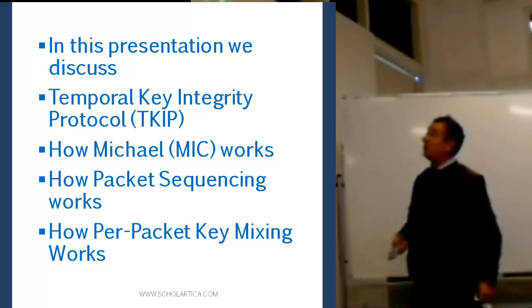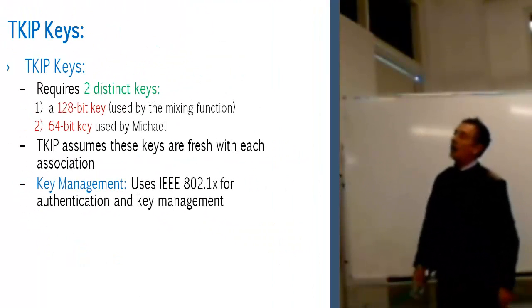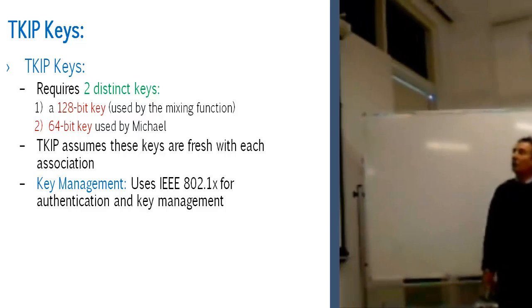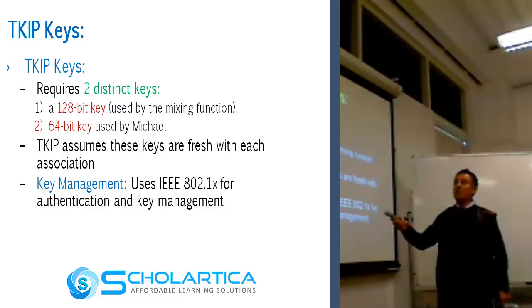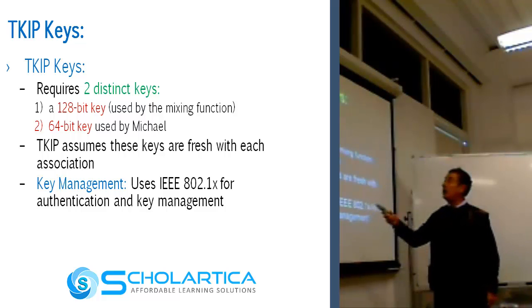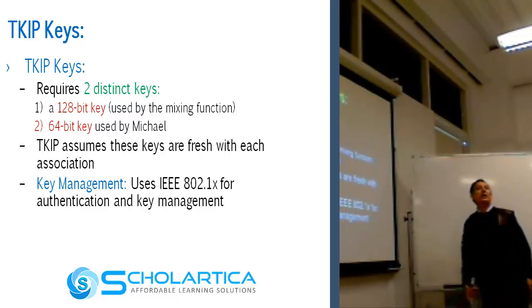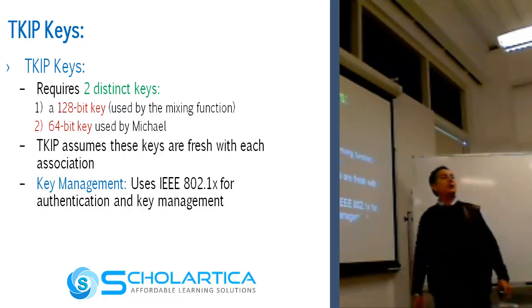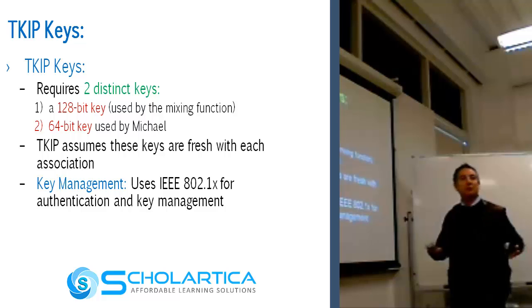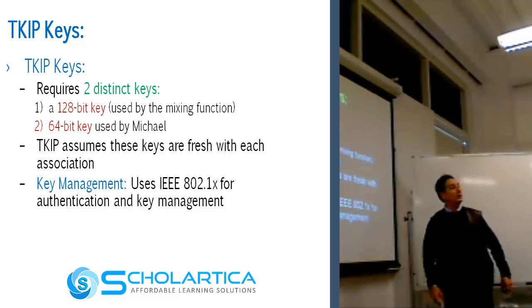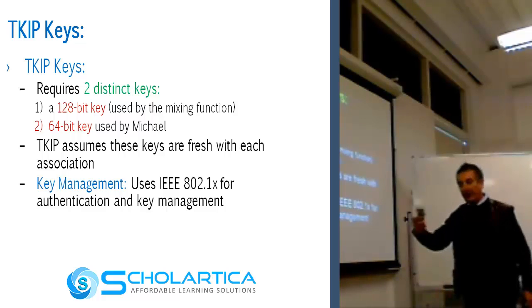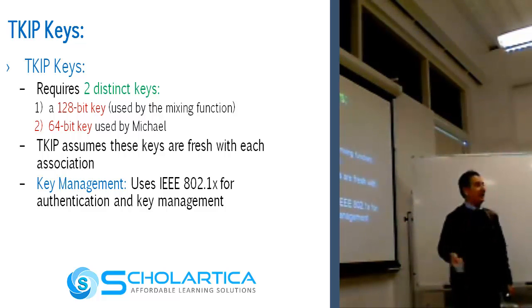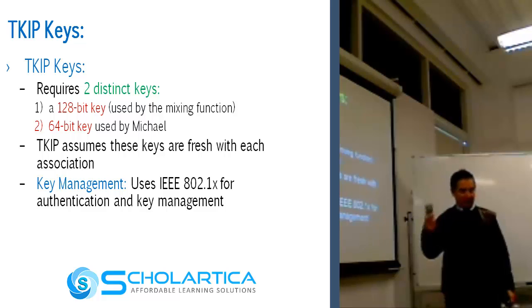Alright guys, if you remember, TKIP is the short-term solution. It does use two keys. One 128-bit key is used for the mixed function. This is your actual key that is going to be mixed within the mixed function, and then it goes to the RC4 algorithm and becomes an RC4 key, and RC4 is going to generate a key for the actual encryption, if you remember.